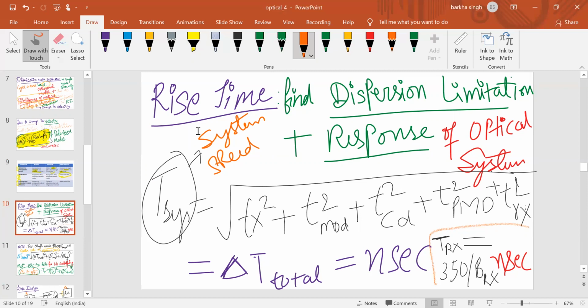These are the elements that limit the speed. Note that T receiving is equal to 350 upon B_RX. Here T_RX is the rise time in nanoseconds and B_RX is the bandwidth in megahertz.